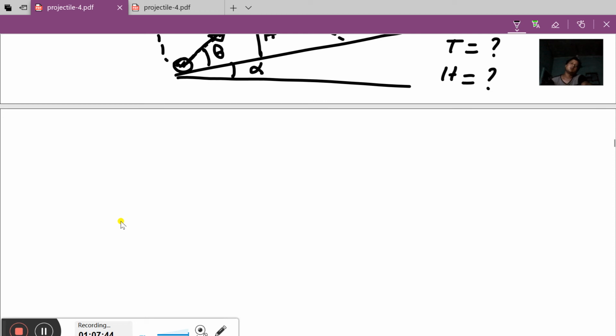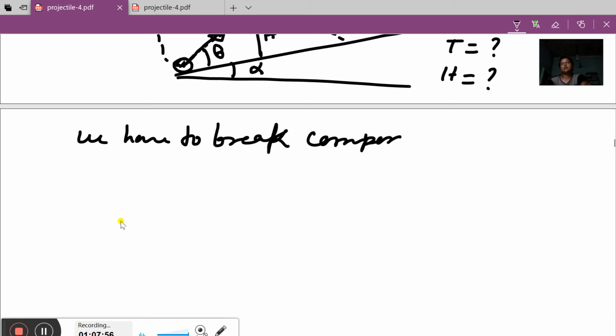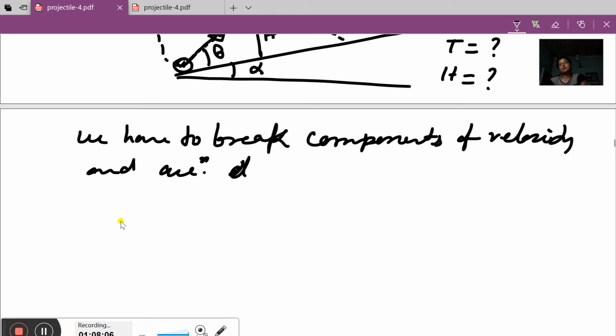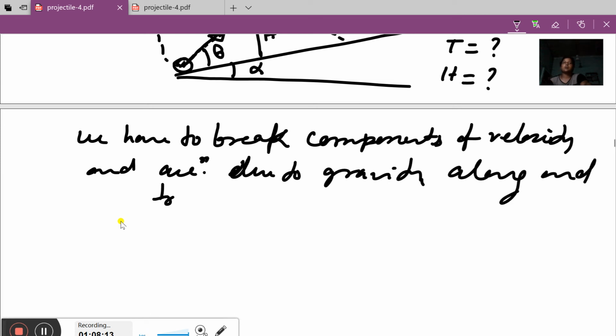First of all, we have to break components of velocity and acceleration due to gravity along and perpendicular to the plane. This one is our first step.